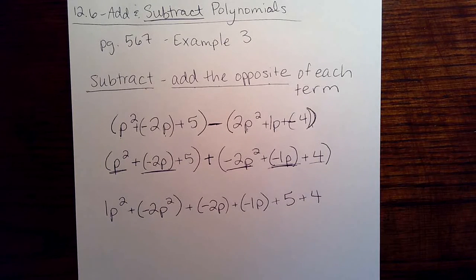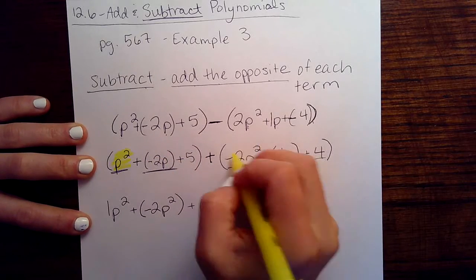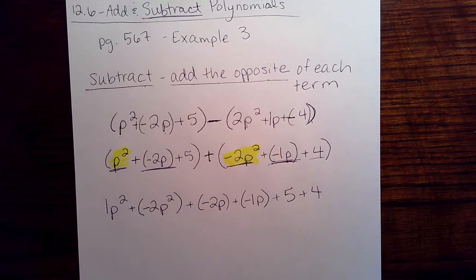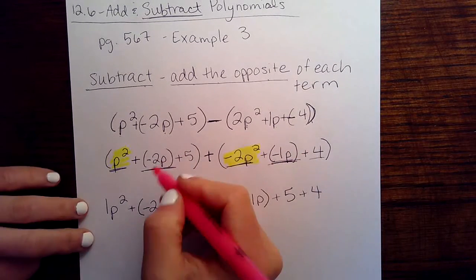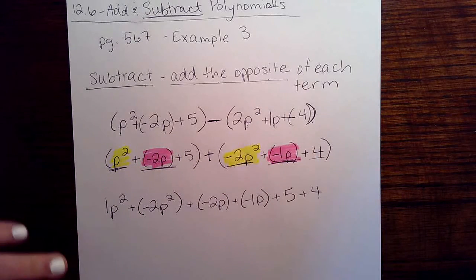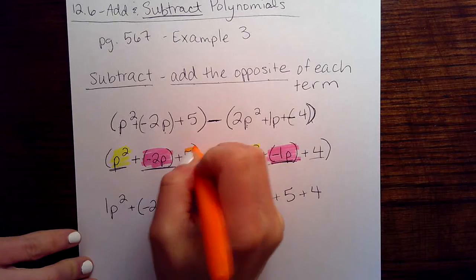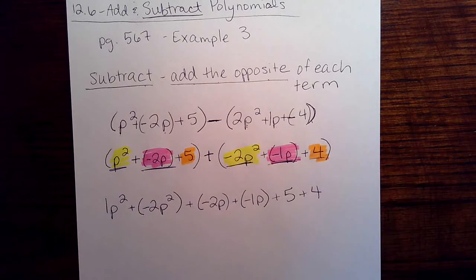We can use our highlighter still for these. I found my like terms: p squared and negative 2p squared, negative 2p and negative 1p, and finally positive 5 and positive 4. We combine the like terms. When I do that, I look at the coefficients.